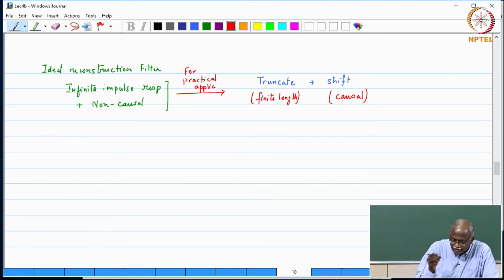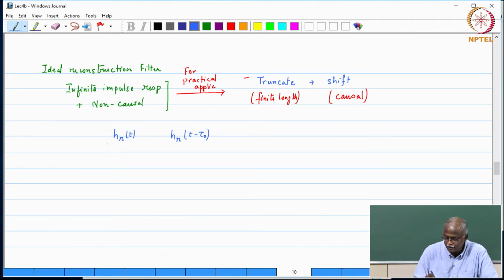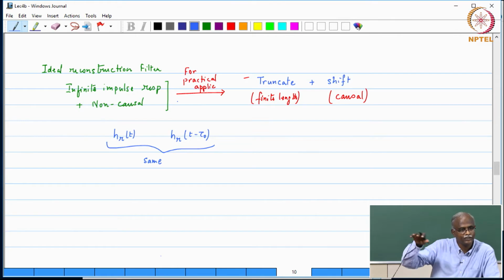Now, another observation or property that we just want to note is that if I have h_r(t) and h_r(t minus tau naught), some shifted version, both of these have the same magnitude response, because the spectrum of the shifted one is just a phase term, e to the power of j times phase.